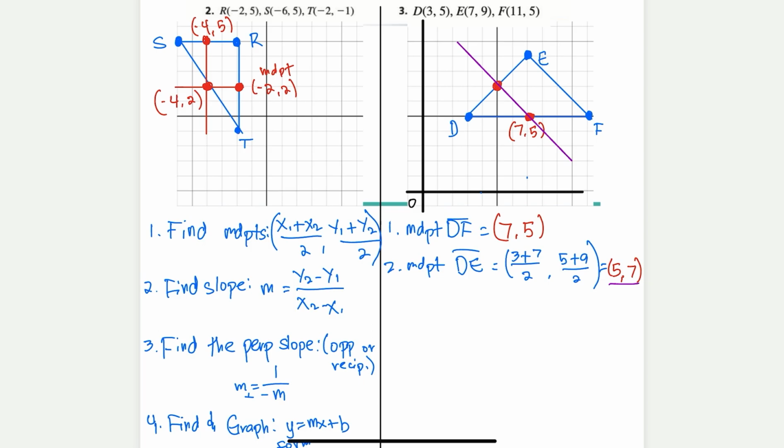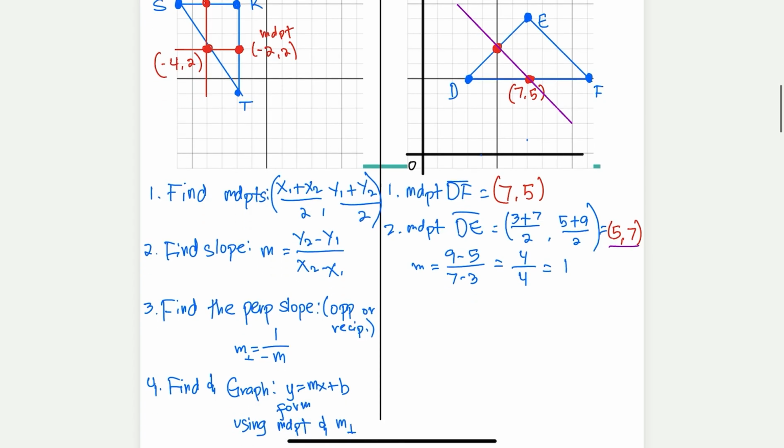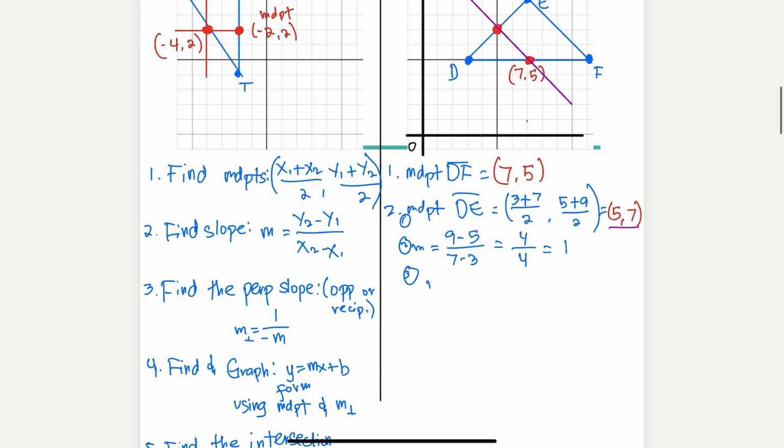So let's use the slope m is equal to 9 minus 5 over 7 minus 3 is equal to 4 over 4 is equal to 1. So our slope here is 1, and then using the second step, this is the first step, this is the second step, third step is finding the inverse. The inverse of this one would be -1. And then let's plug in our equation.